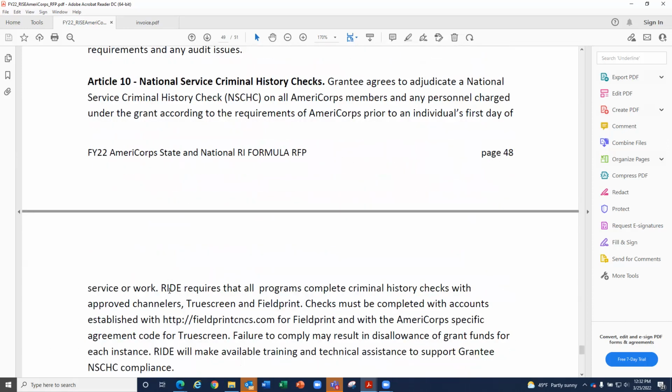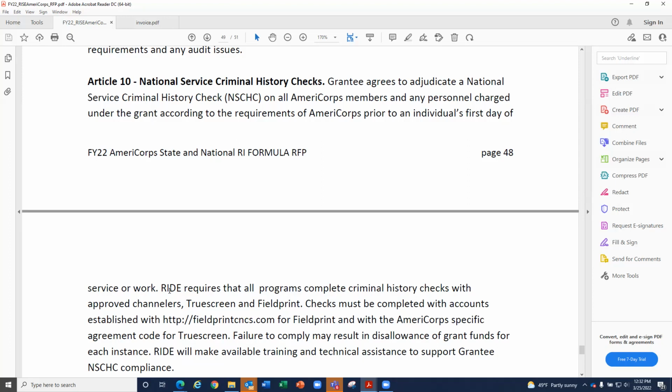All right, I told you this would be fun. So Article 10 is National Service Criminal History Checks. Every Americorps member needs to undergo a criminal history check process, specifically the way that Americorps requires it.